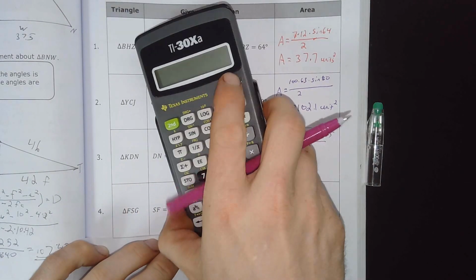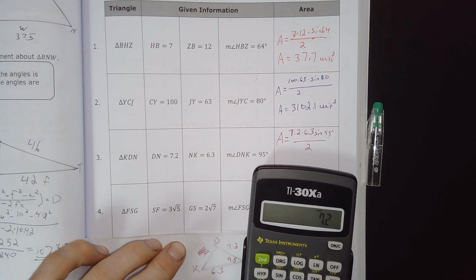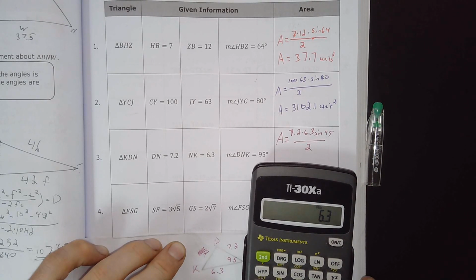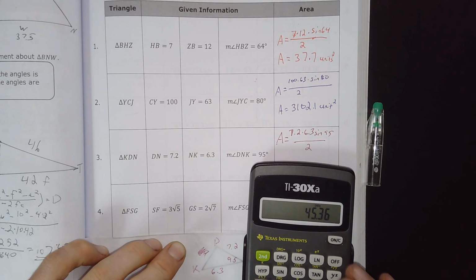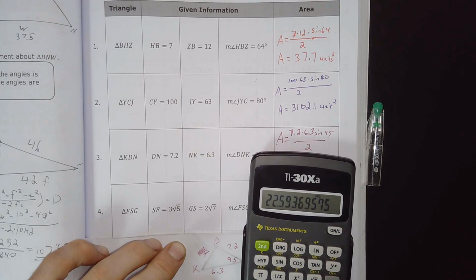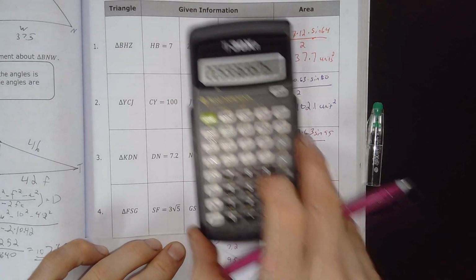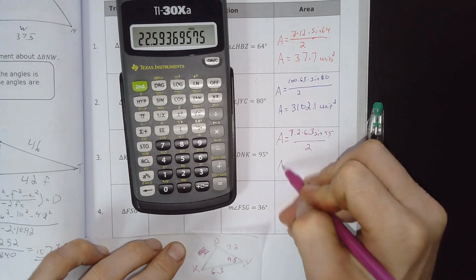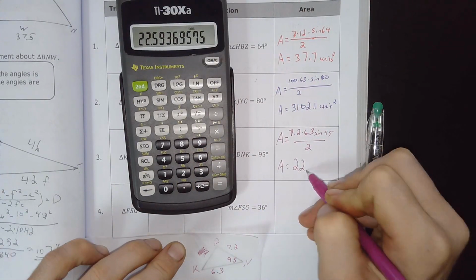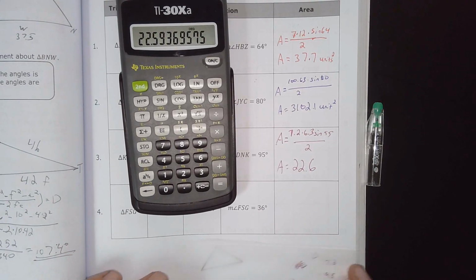I must have fat fingered something. Let's try that again. 7.2 times 6.3 times 95 sine, divided by 2 equals 22.59. That's more correct. The area equals 22.6. All right, the next one.